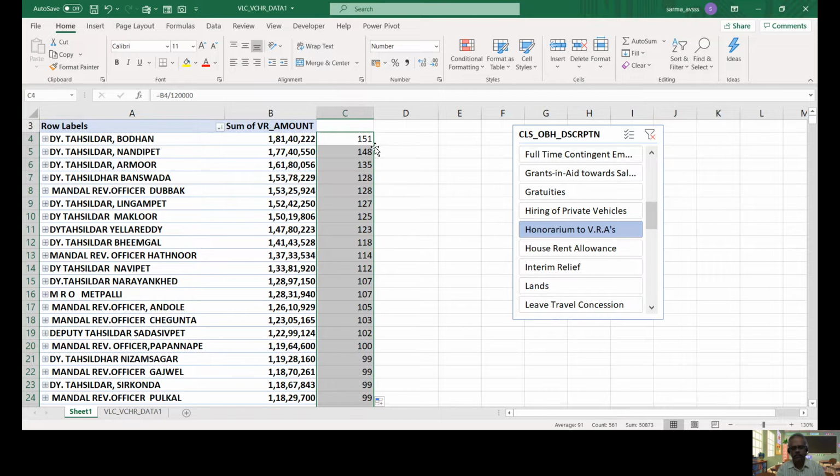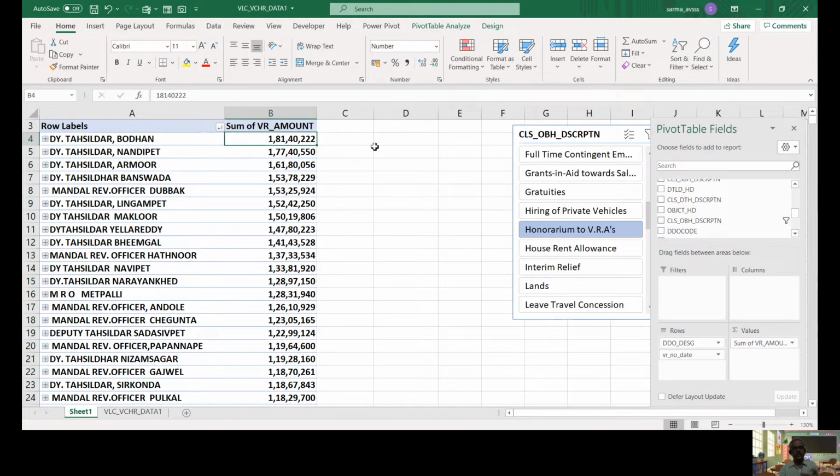We can analyze the patterns, cross check with the vouchers, and establish whether the expenditure met by the DDO is genuine or not, and whether it is exceeding any thresholds or not. So this is how we can analyze.